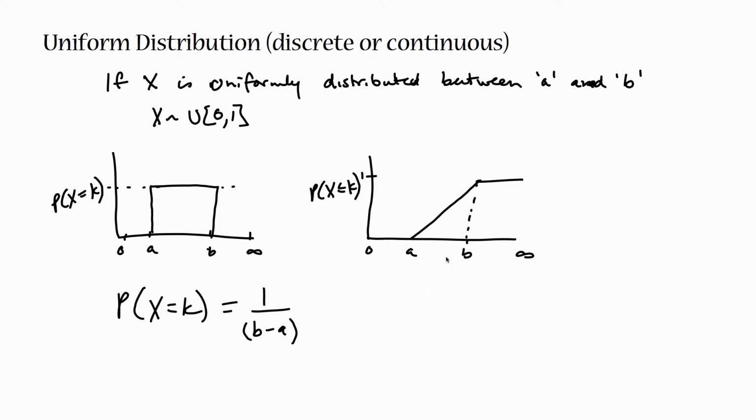The expected value of the uniform distribution is going to be what? Well, it's going to be right in the middle of this, right? So that's going to be a plus b over 2. And the variance of uniform distribution is b minus a squared over 12.